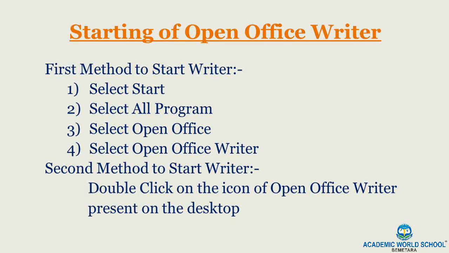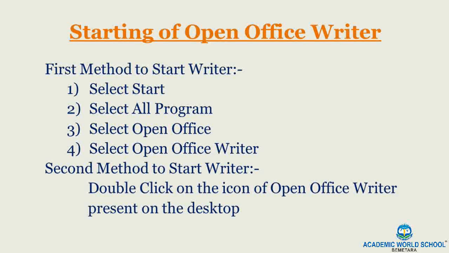The second method is to double click on the icon of Open Office Writer present on the desktop. Generally the icons of the software are present on the desktop, so you can just double click on it and the software will open in front of you.